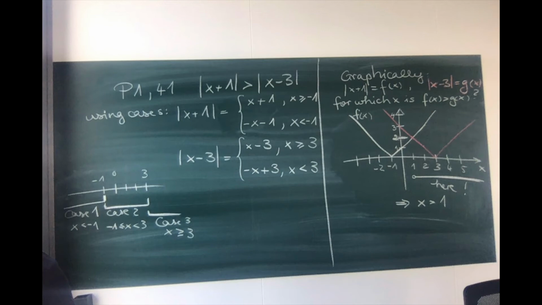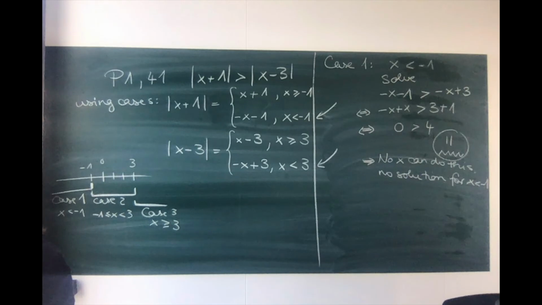And now our inequality becomes really easy for each case. So let's do it. First case, x is smaller than minus 1. For x smaller than minus 1, the absolute value of x plus 1 is minus x minus 1. And the absolute value of x minus 3 is minus x plus 3 because our x is smaller than 3 if it's smaller than minus 1.